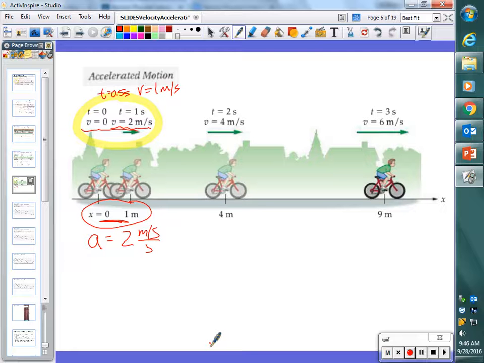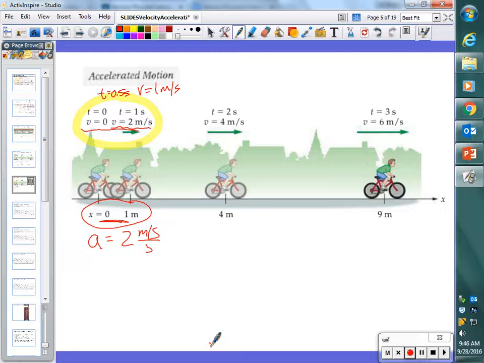How many instantaneous velocities did they give us within that interval that I've highlighted in yellow there? They gave us 2, right? They told us what the initial velocity was, and then they told us what the final velocity was during that time.